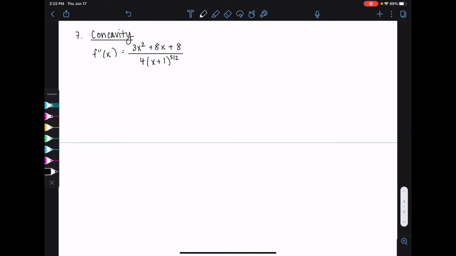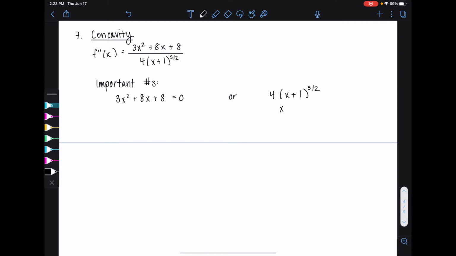But now that we have the second derivative, we need important numbers to do our interval testing. And so this is going to be where that numerator, 3x squared plus 8x plus 8 equals 0, or where the denominator is equal to 0.